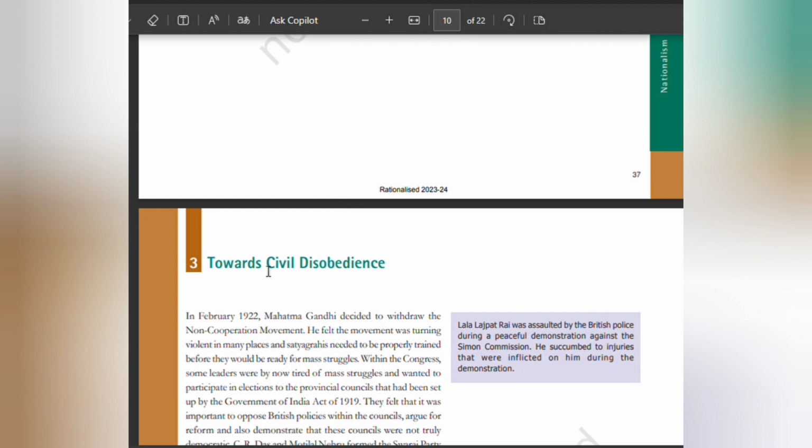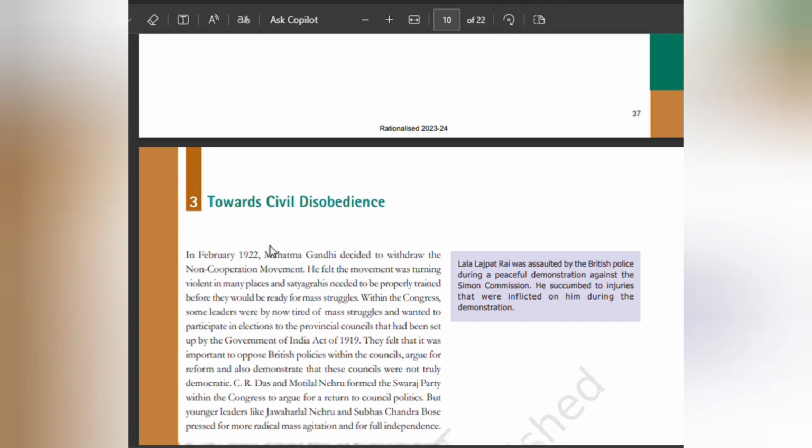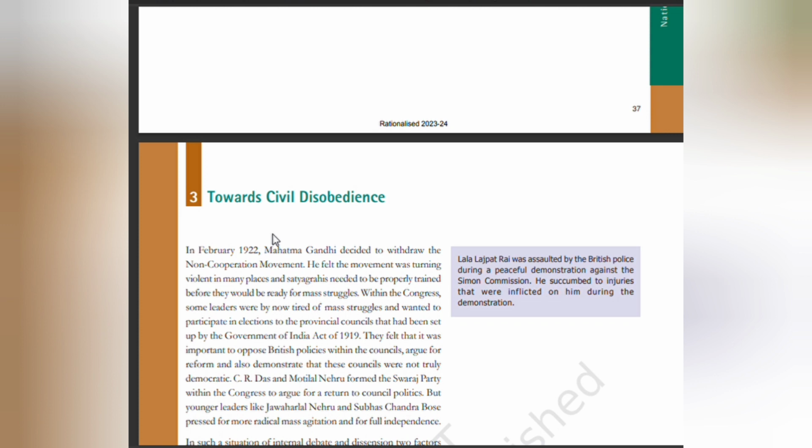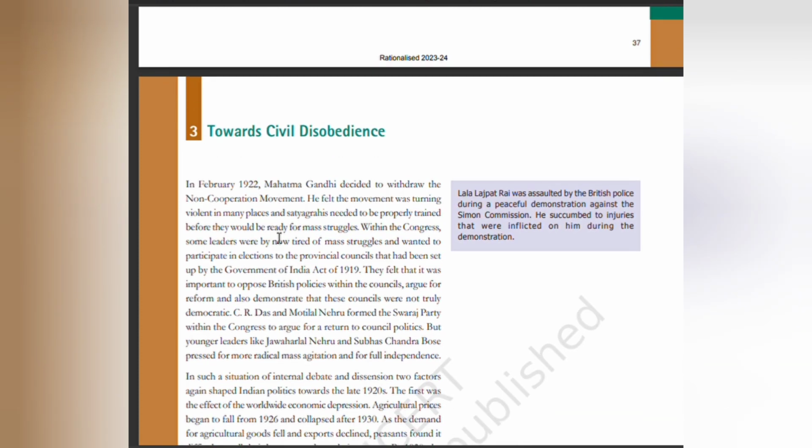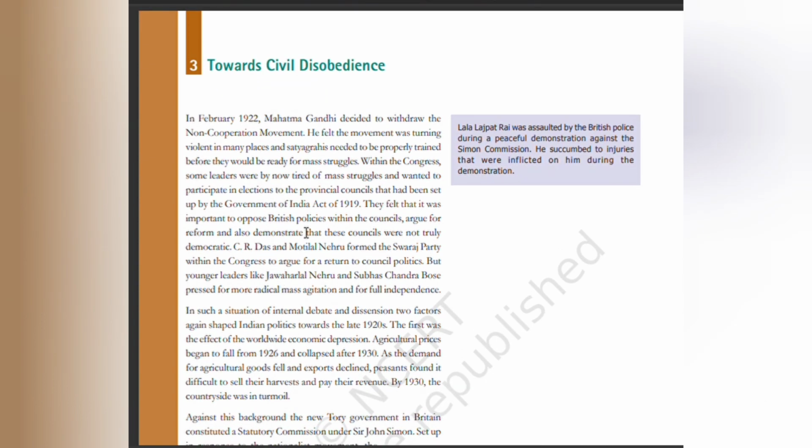Towards civil disobedience. In February 1922, Mahatma Gandhi decided to withdraw the non-cooperation movement. He felt that the movement was turning violent in many places, and satyagrahis needed to be properly trained before they were ready for mass struggles. Within the Congress, some leaders were by now tired of mass struggles and wanted to participate in elections to the provincial councils that had been set up by the Government of India Act 1919.